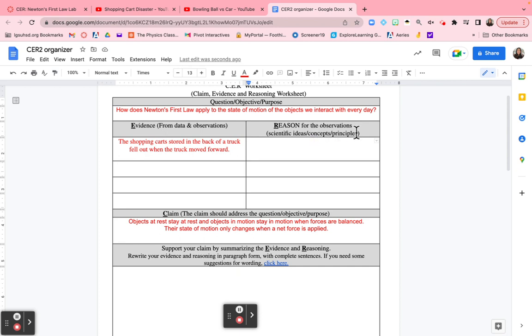So I could tie it in by saying the shopping carts were at rest, and when the truck moved forward, there were no outside forces like friction acting on the cart.